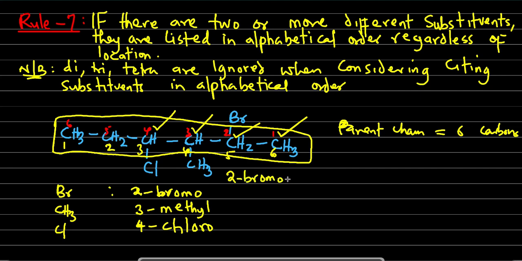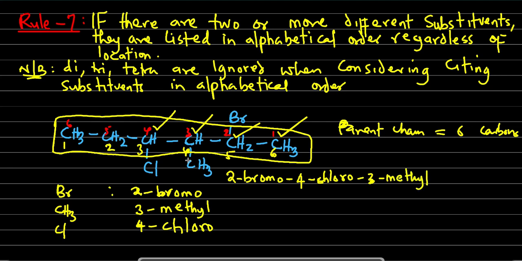So anytime you're writing a letter and a number, you must separate them with a hyphen. 2-bromo, 3. Sorry, not 3. And after bromo is chloro, because chloro comes first alphabetically before M, regardless of the position number. So this is 4-chloro, and then 3-methyl.